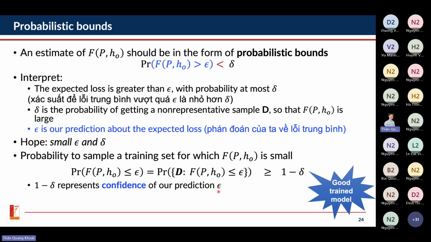We have one prediction about the test error, and this one represents our confidence about the estimation, right? Once we show this, it shows that our trained model can be good, right, with a high probability.